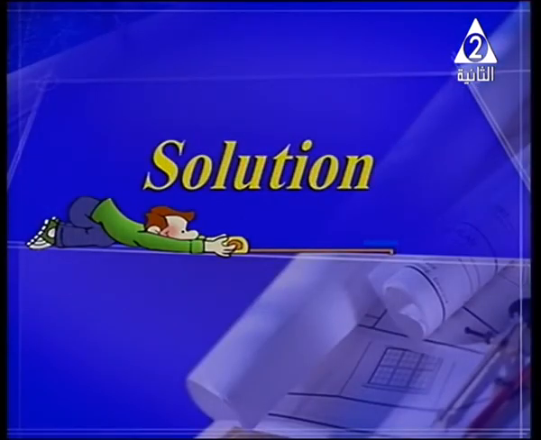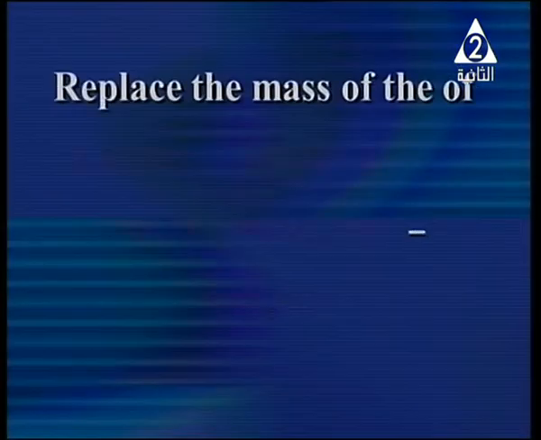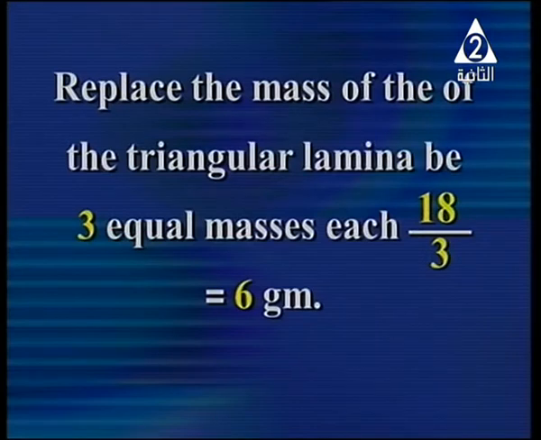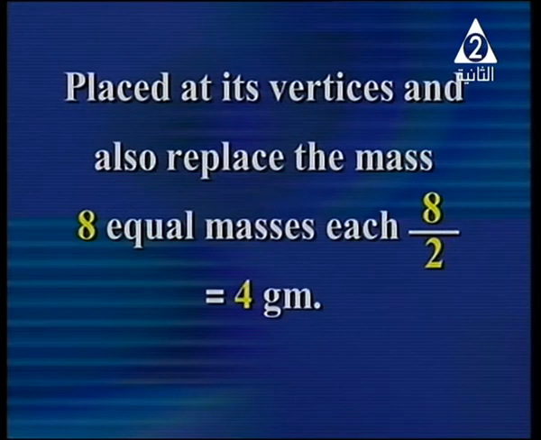Solution. Dear student, replace the mass of the triangular lamina by 3 equal masses, 18 over 3 equals 6 gram each. Also replace the mass 8 by 2 masses, each of them 8 over 2 equals 4 gram.